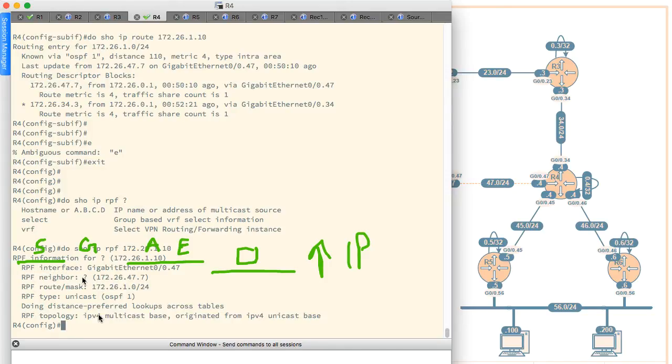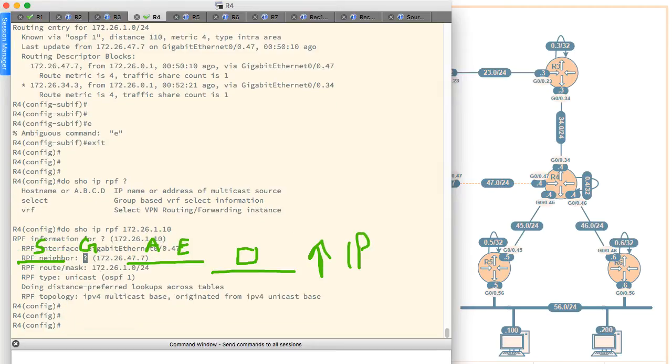Now, a lot of times the question comes up, what is this question mark? This question mark essentially is just the DNS entry. So if I was able to resolve the DNS address for 172.26.47.7, then I would actually see a name here.